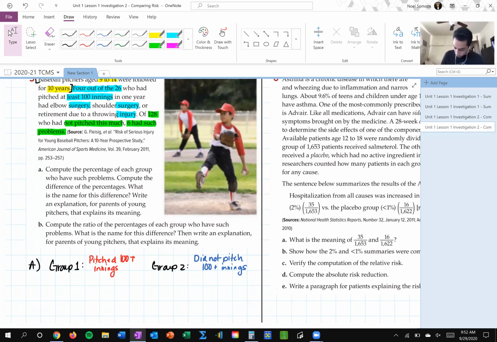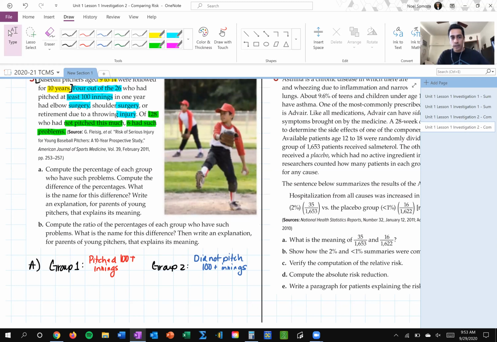So then for group 1, what is the percentage here that we want to set up, or the proportion? What would be the proportion here that would help us find a percentage? Okay, so 26 out of 100. 100 represents the innings that they've pitched, not that there were 100 people.